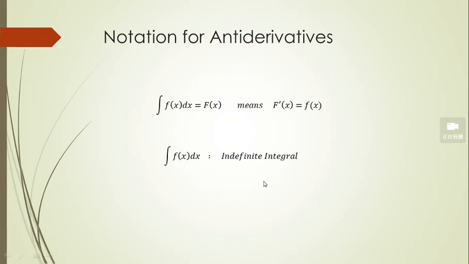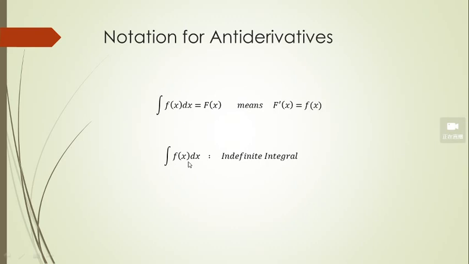Now let's compare this one with the definite integral we talked about before. Directly we can see that in the indefinite integral, there are no upper and lower limits. But we need to understand what this means, right?